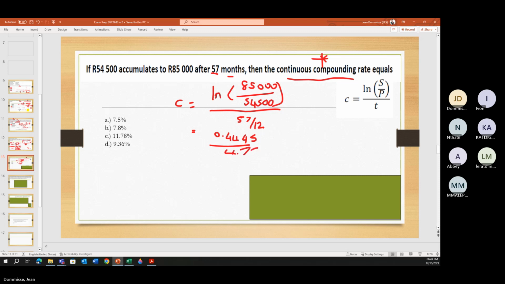Again, I'm going to work with rounded off numbers, so it might be that we get close to the answer but maybe one decimal difference. What I get is 9.36%. Okay, so at least there is an answer for me.